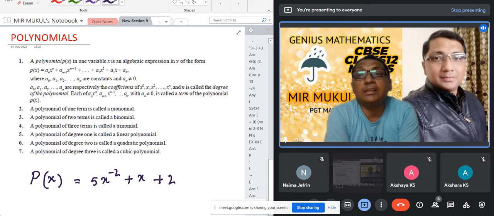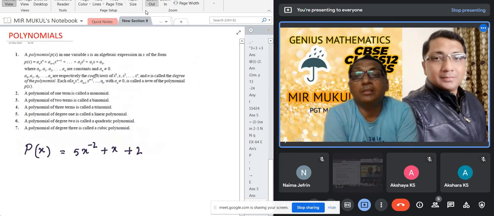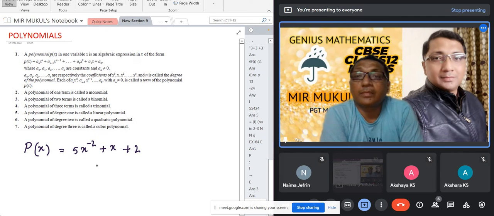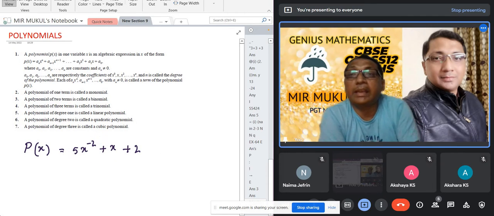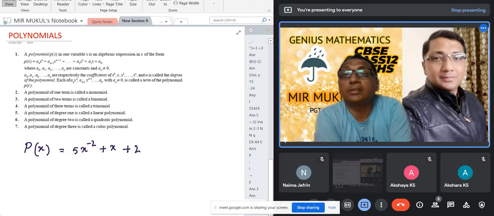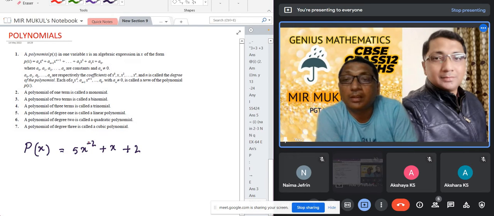Can you say it is a polynomial? No, because here if you observe, the power of x is minus 2, which is not possible. n should always be a whole number.